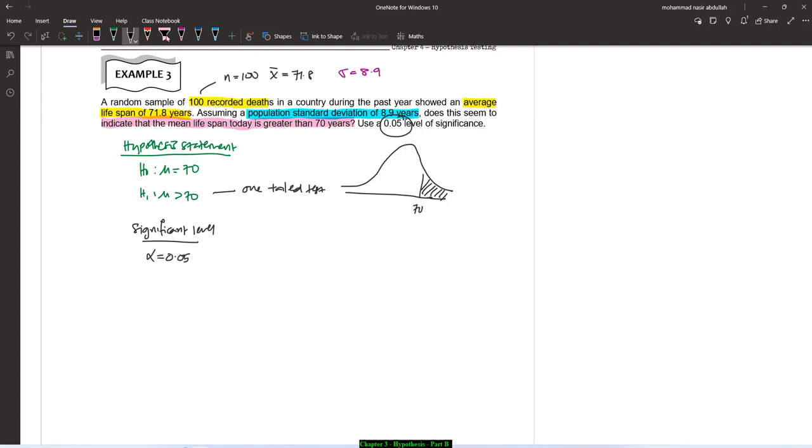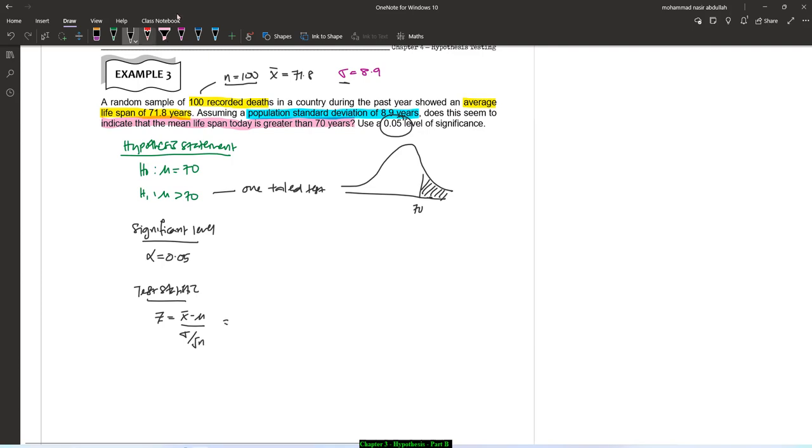Then we need to do a test statistic. Since n is more than 30 and we have the population standard deviation, the formula we're going to use is Z equal to x bar minus mu divided by sigma over square root of n.